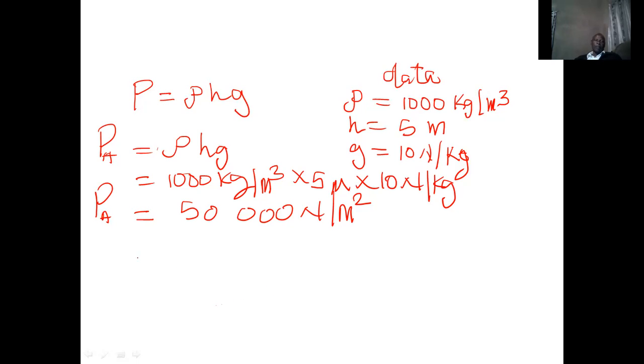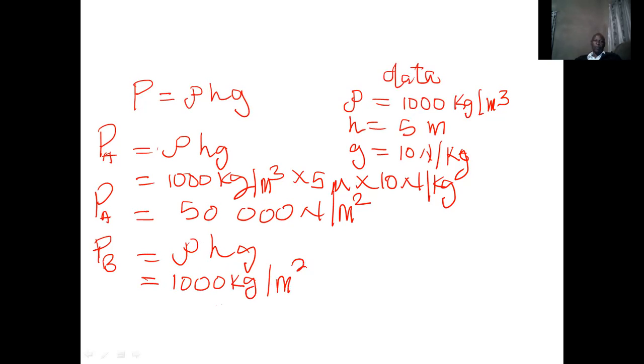We calculate the pressure for stone B, the big stone. It will be equal to the density multiplied by height multiplied by gravitational field strength. And the density, we saw that the density of water is 1,000 kilograms per cubic meter multiplied by the height, which is 5 meters multiplied by the gravitational field strength, which is 10 newtons per kg.